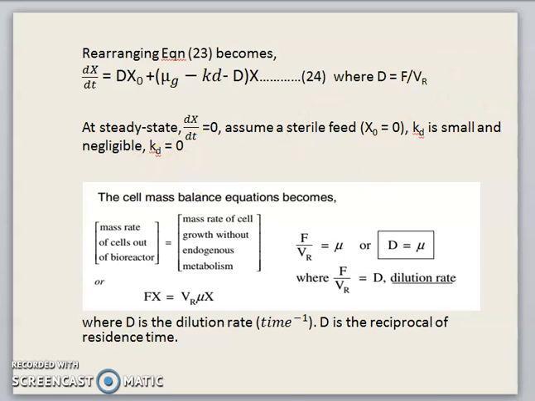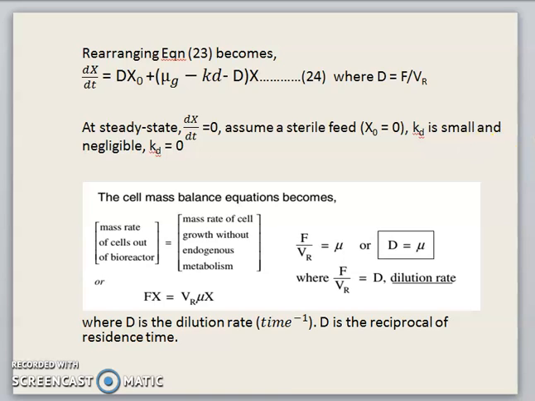At a steady state, dX/dt will be equivalent to 0. Assume a sterile feed during the steady state, so X0 equals 0, and k_d is small and can be negligible, equal to 0.